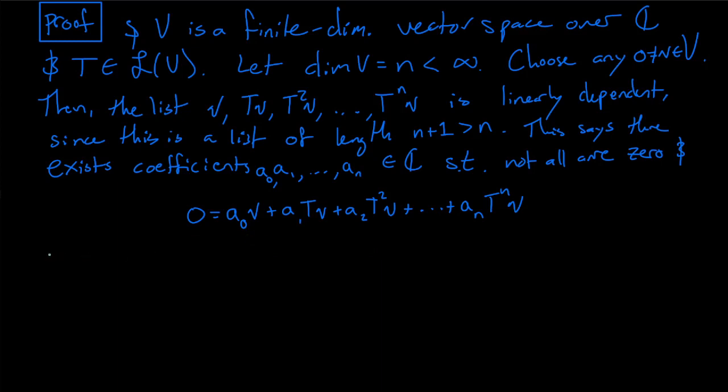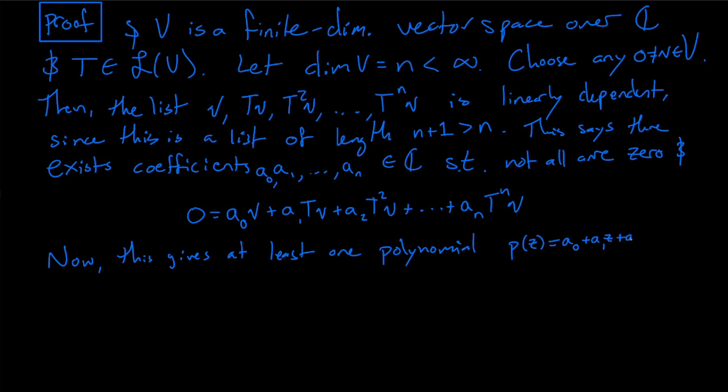Okay. Now, this gives at least one polynomial p of z, which we'll take to be a0 plus a1 z plus a2 z squared plus dot dot dot all the way down to an z to the n, such that p of t v is equal to 0.